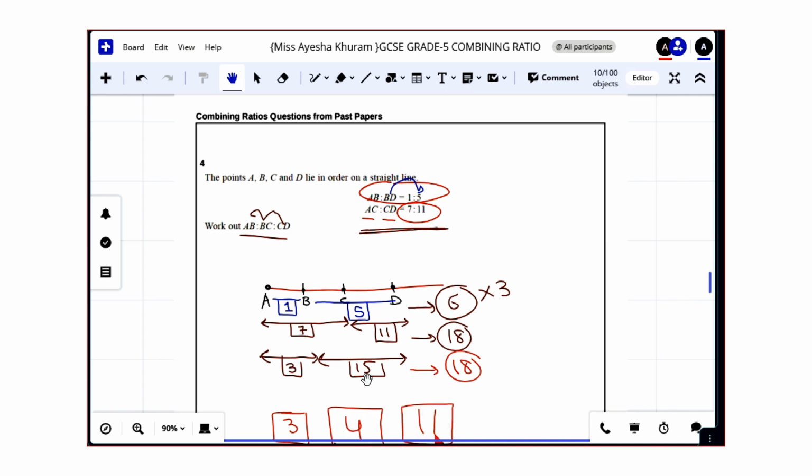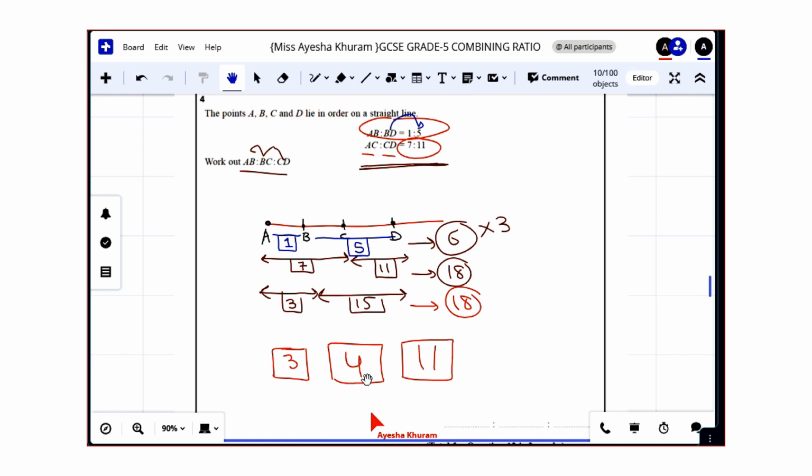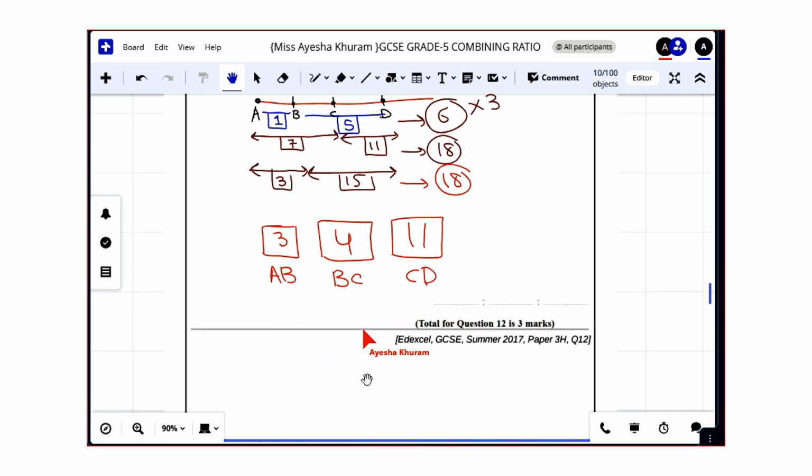So he said AB, BC. This part is A to B, this part is B to C, and this part is C to D. It makes sense to you now, right? Okay, let's go next.